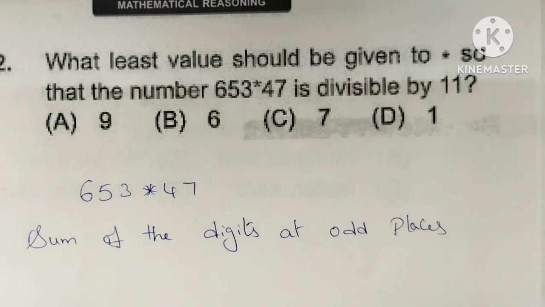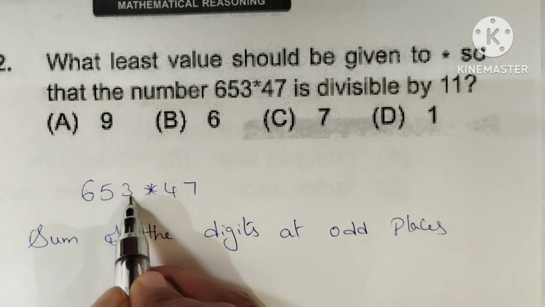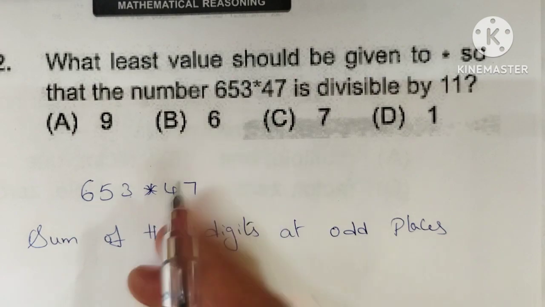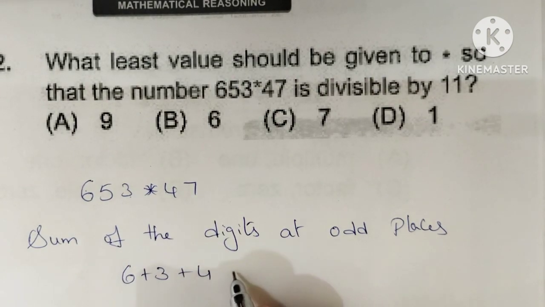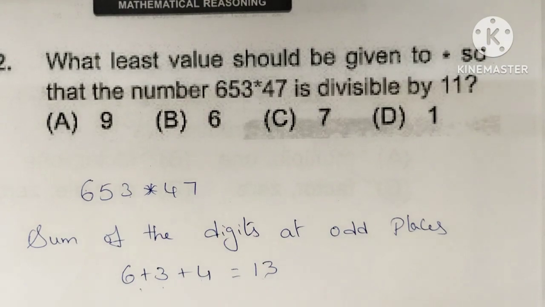In the odd places, what numbers are there? 6, 3 and 4. 6 plus 3 plus 4: 6 plus 3 is 9, and 9 plus 4 is 13.